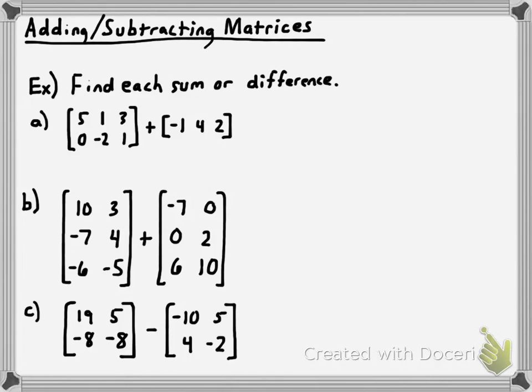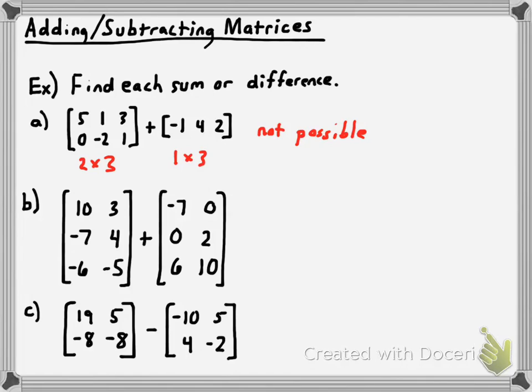All right, so for instance, in this first problem, you see that that's a 2-row and 3-column matrix, 2 by 3. Here you see that's a 1-row and 3-column matrix. Those have different dimensions, so it's not possible to add or subtract those matrices. Now there's different rules for multiplying matrices, but for adding and subtracting, it's whether or not they have the same dimensions.